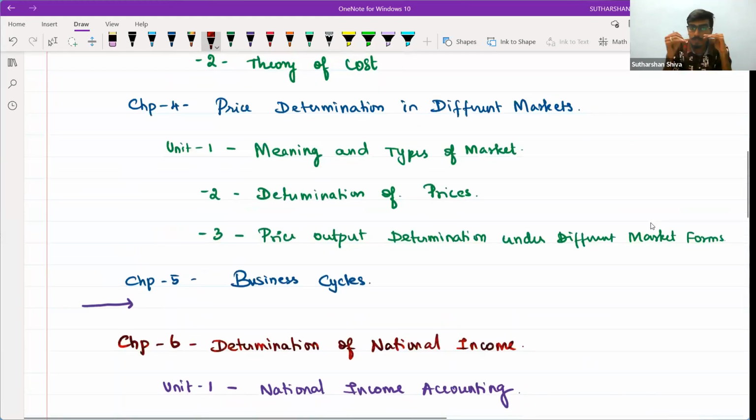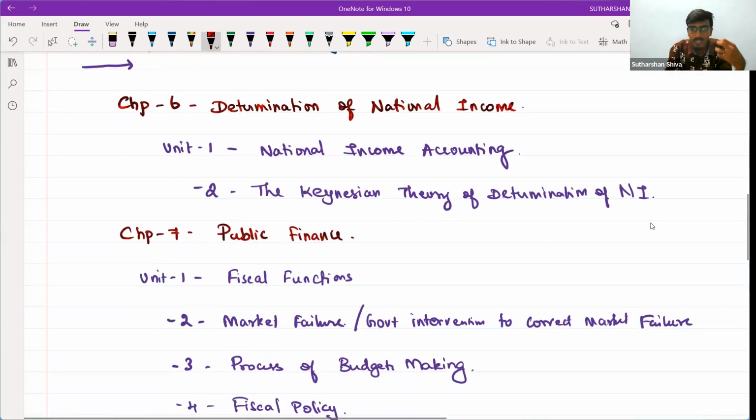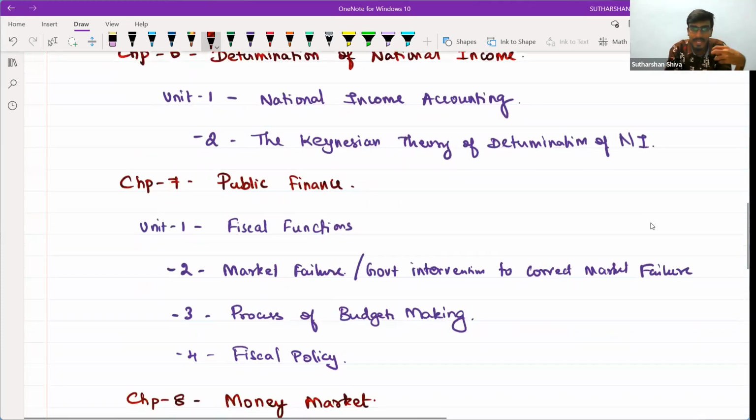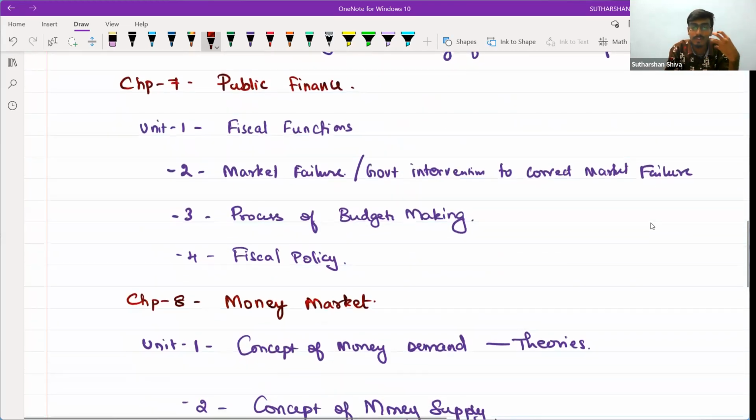Because up to chapter 5, you already have very good basics from your 12th standard. Chapters 6, 7, 8, 9 need conceptual clarity, so your focus should be more on them with full attention.